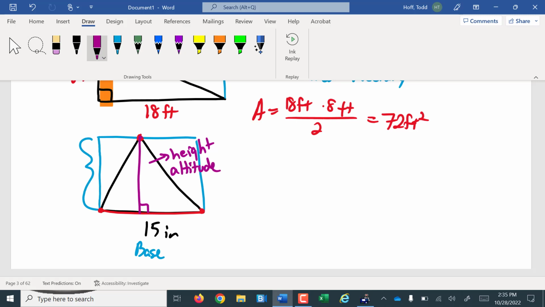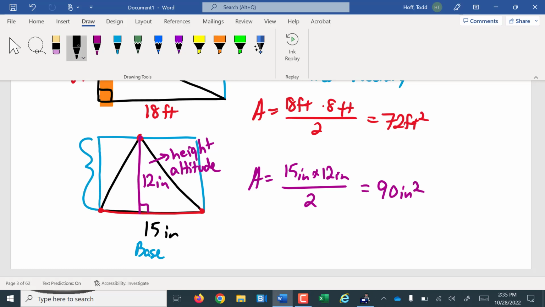So let's say that distance is 12 inches. The area of this is 15 inches times 12 inches. That would be the area of the related rectangle. To get the triangle, we divide by 2. So 15 times 12 is 180, divided by 2 is 90 square inches.